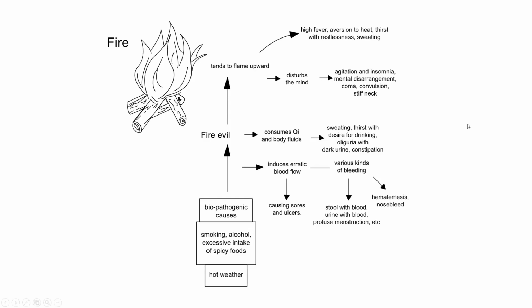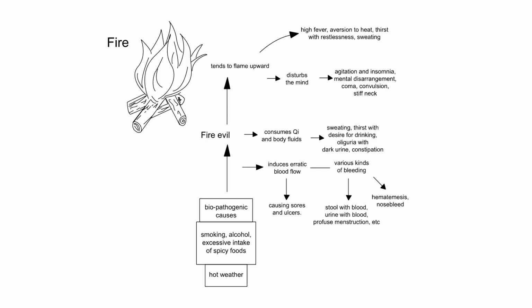It could also consume qi and body fluids, resulting in sweating, thirst with desire for drinking, oliguria with dark urine, constipation. It could also induce erratic blood flow, causing sores and ulcers.